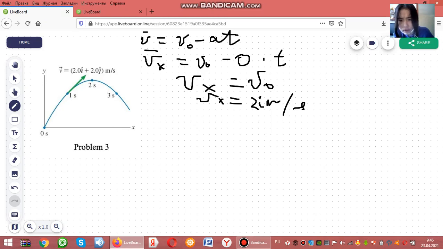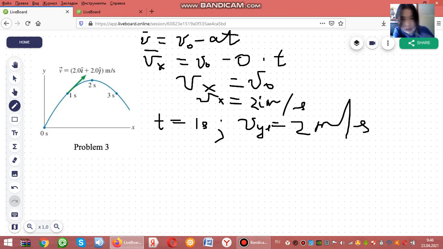Solving for Vy. Here t equals 1 second and Vy1 equals 2 meters per second.